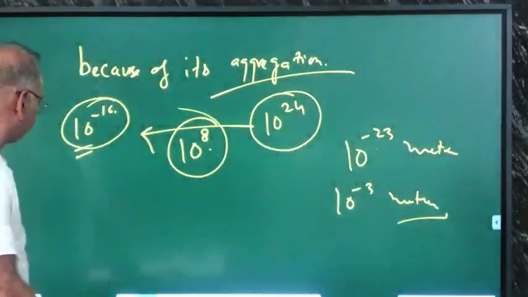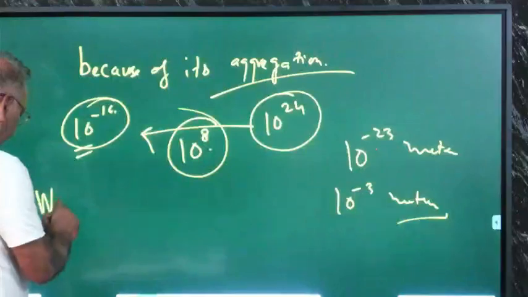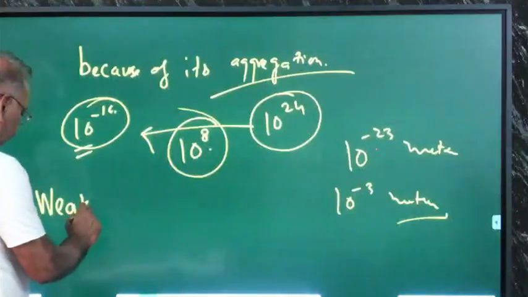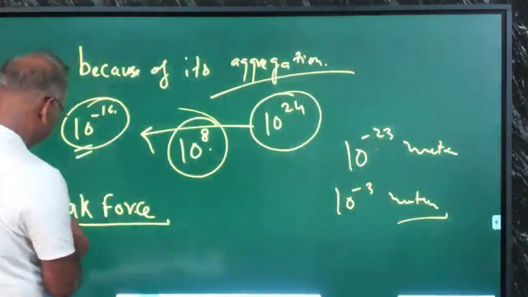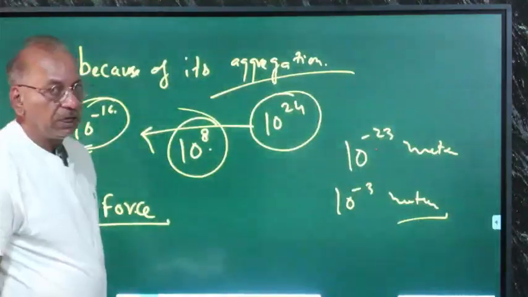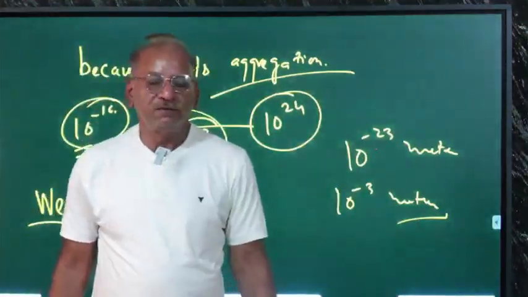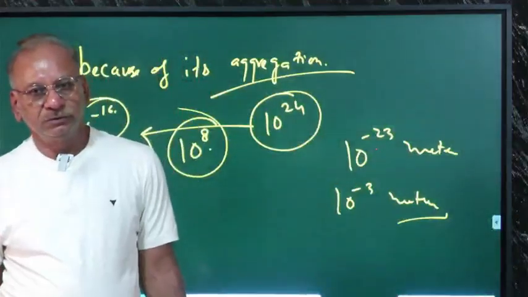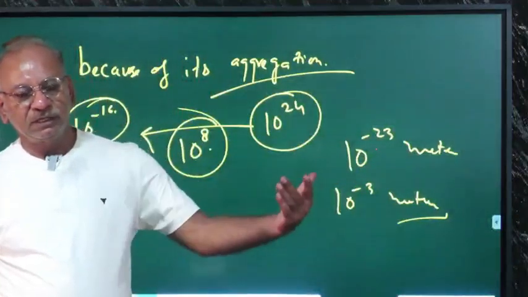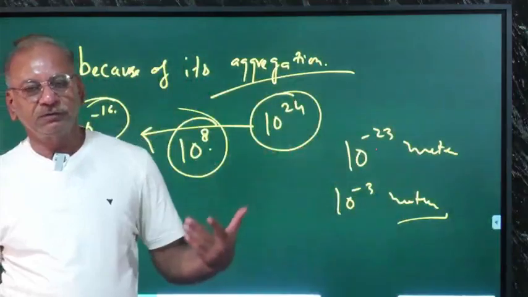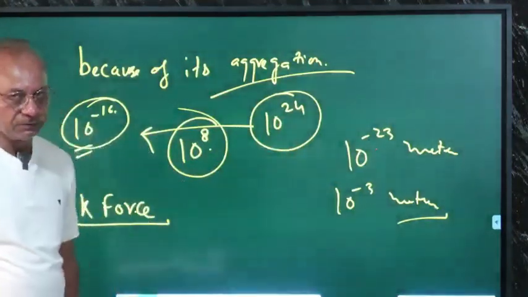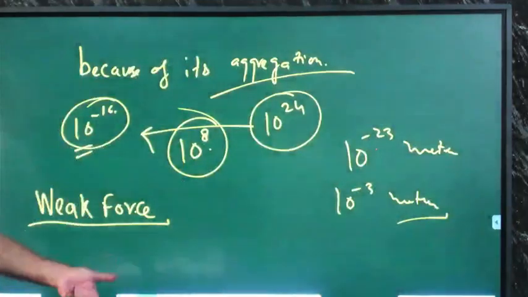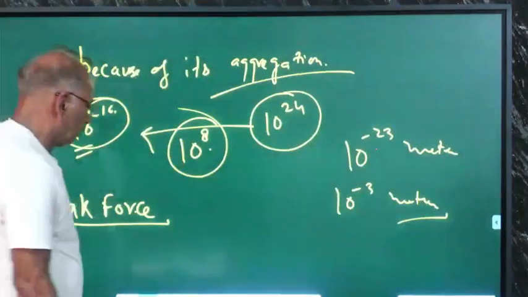another force is weak force. This is also a different category of natural force, at par with the gravitational force, electromagnetic force, nuclear force. And fourth is weak force. Fourth means it is not at fourth position, it is one of four, right?